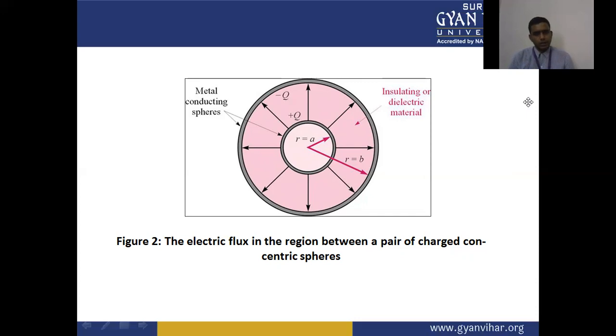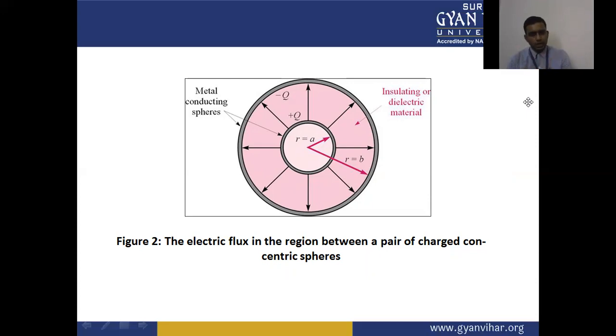So charge is moving from plus to minus, meaning inner to outer, and the outer body is metallic, and in between the two spheres we have a dielectric or insulating material. So this is the phenomenon that develops the electric flux in the region between a pair of charged concentric spheres.